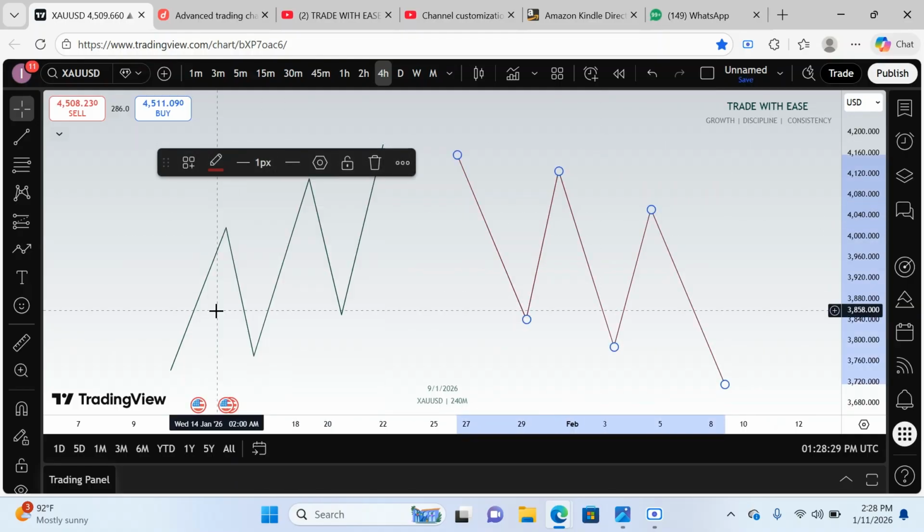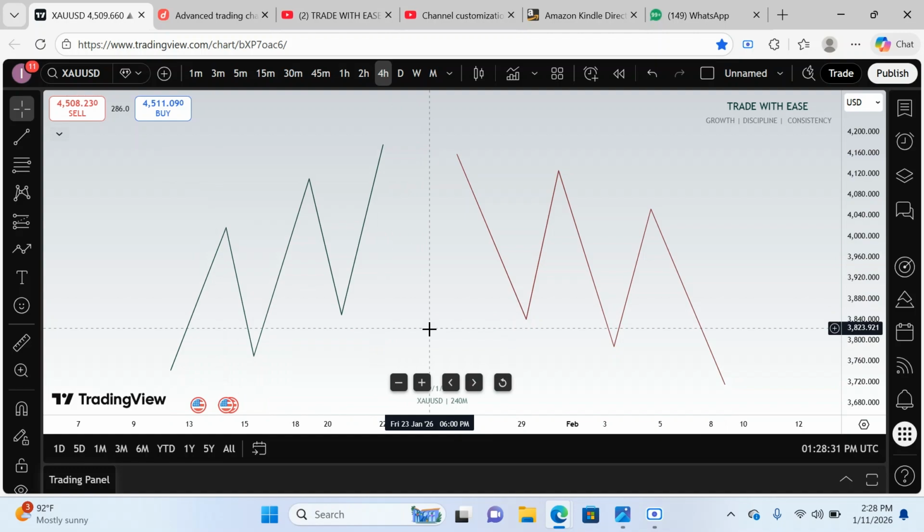This is a sell structure. Now, just these two things are much more important than anything else in the market. Just these two structures are much more important than any other thing you want to do in the market.